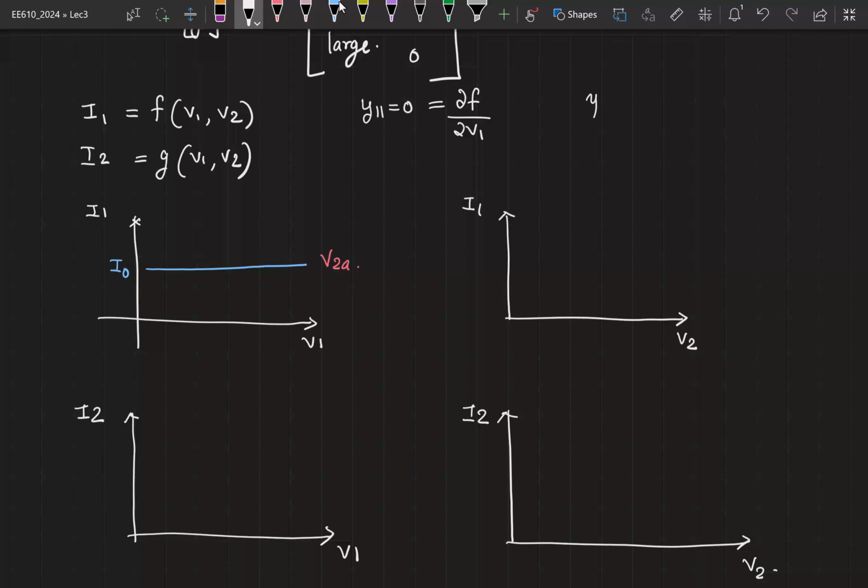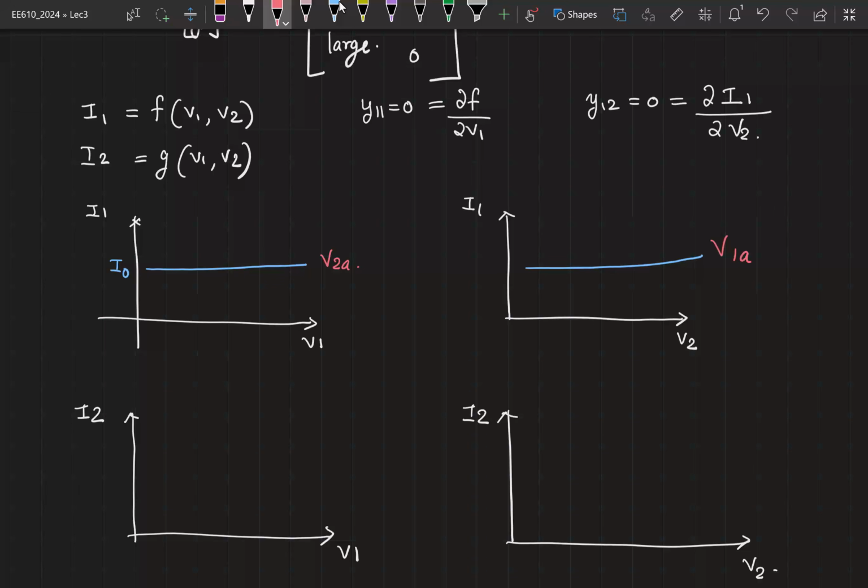So Y12 being 0 tells you that if I do take a derivative of dou I1 versus dou V2, it has to be 0, right? So that means I would expect to see a flat line here. This is of course true for some bias point of V1.